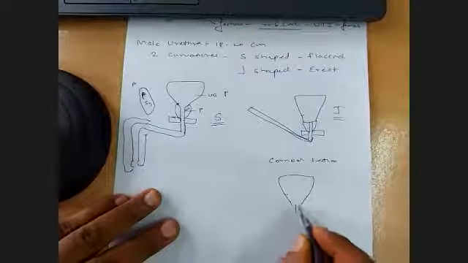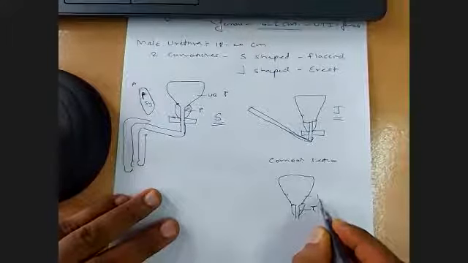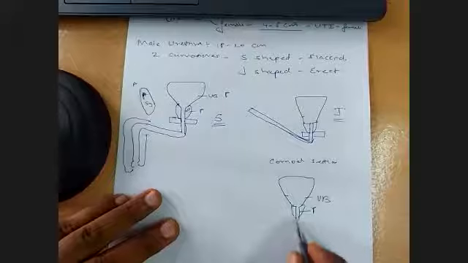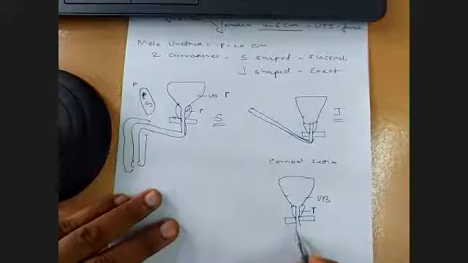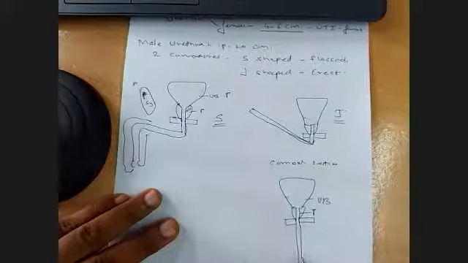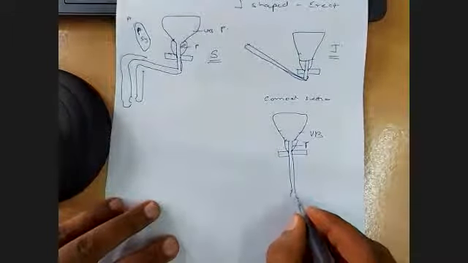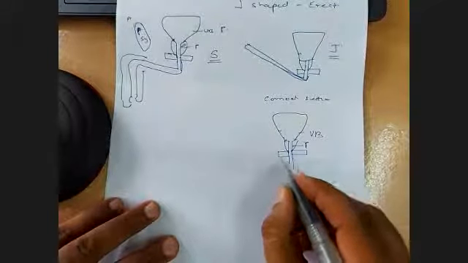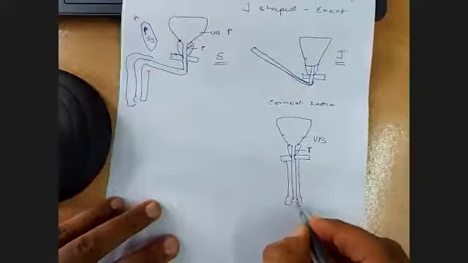Then down here is the prostate. And then beyond the prostate here is the sphincter urethrae muscle. And then is the terminal portion of the urethra. The glans penis is here.